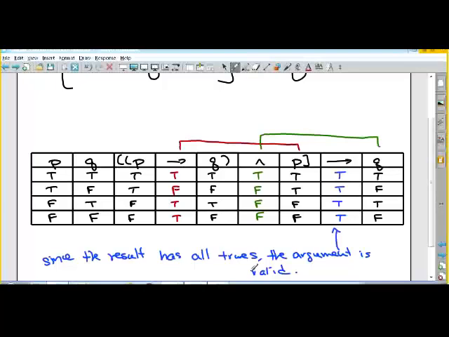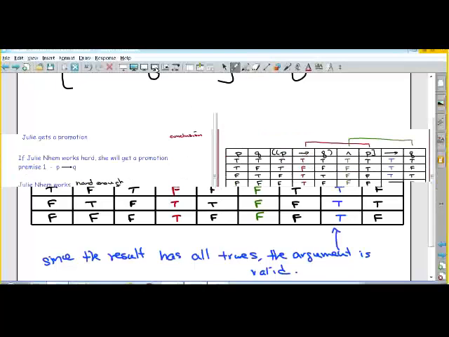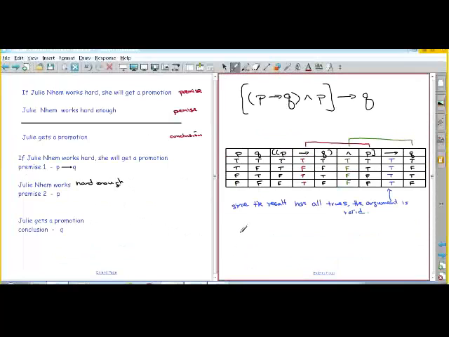So you don't have to think too hard. You just look for all truths. And all truths is called a tautology. Tautology. It's just a special name for a truth table that has all truths.